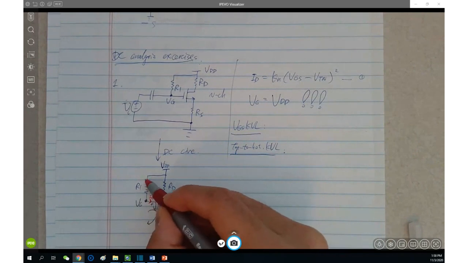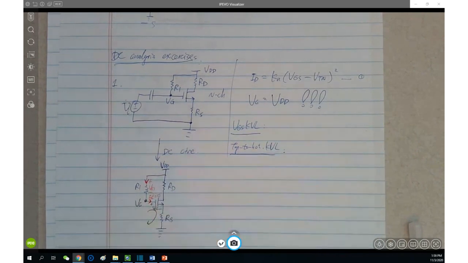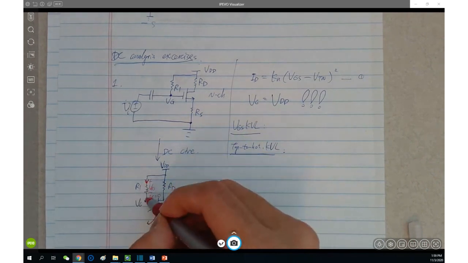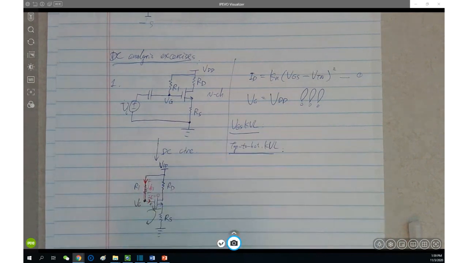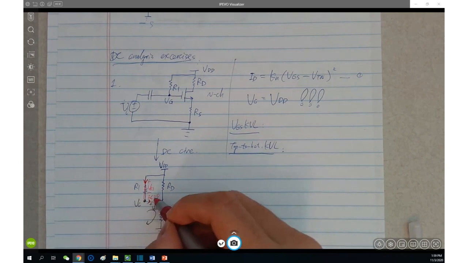No current here means no voltage drop through R1. No voltage drop through here means a short circuit between VDD and VG, which means VG equals VDD. Or you can think in that way: IG here is 0, which means this is an open circuit.